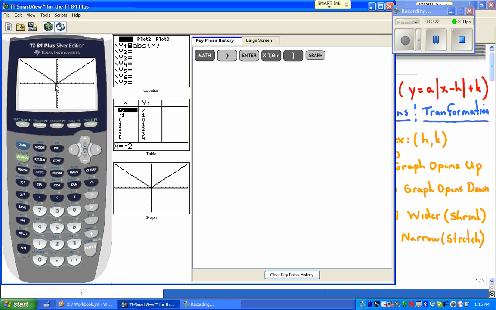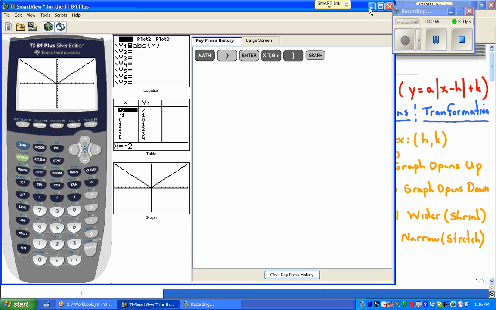So this one starts at the origin, 0, 0, and then it goes to 1, 1, 2, 2, 3, 3, and so on and so forth. Also, if you put a -1 in, you get a +1 output. -2 gets a +2. So really with this one, we are going up 1 over 1, up 1 over 1. Same thing, up 1 to the left 1, up 1 to the left 1. So that right there, guys, is your parent function.